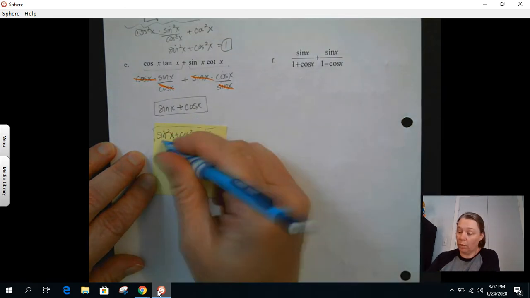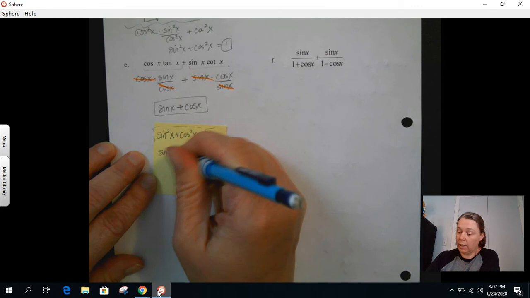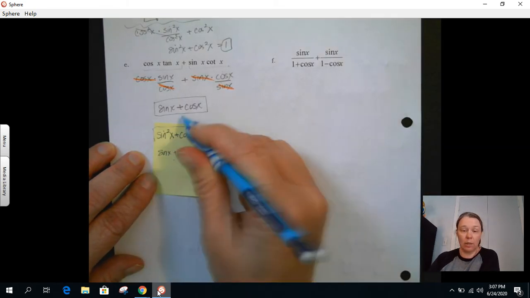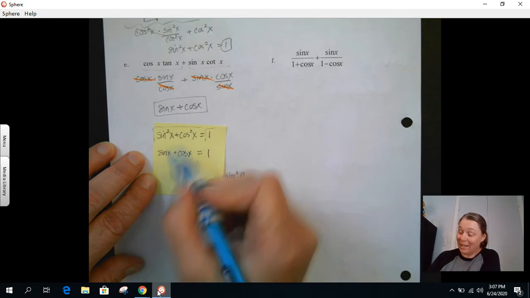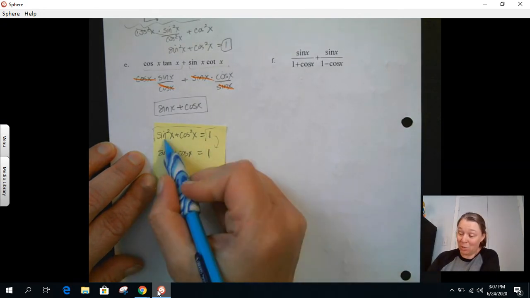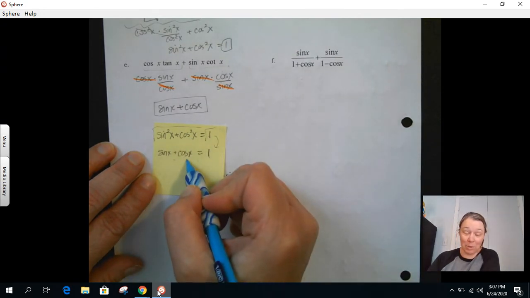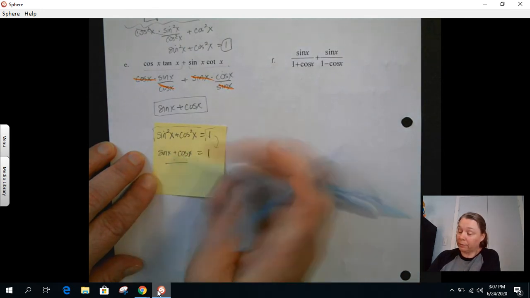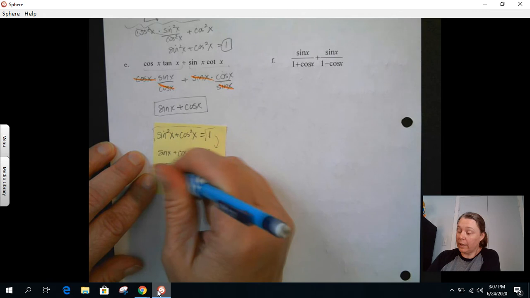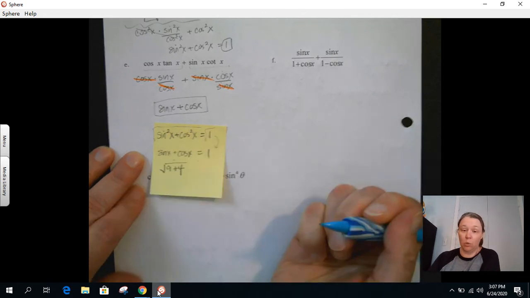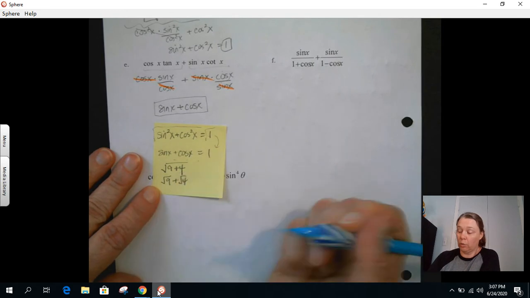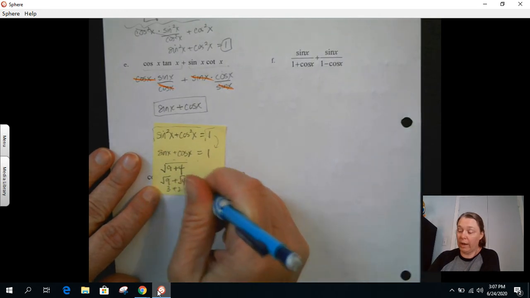They would say the square root of this is this, and the square root of this is this, and so that means that has to equal 1. But is this true? Does the square root of this equal just sine x plus cosine x? Think about this. If you had the square root of 9 plus 4, would you say that equals the square root of 9 plus the square root of 4, which would be 3 plus 2, which is 5?